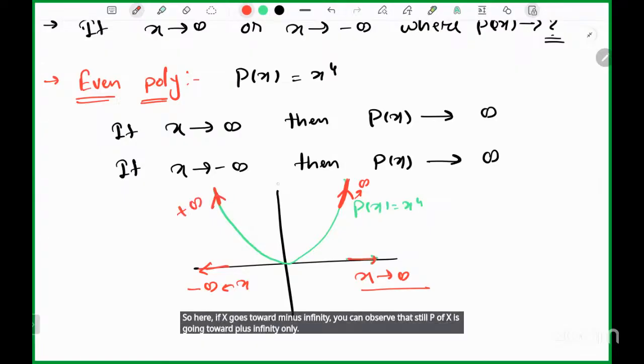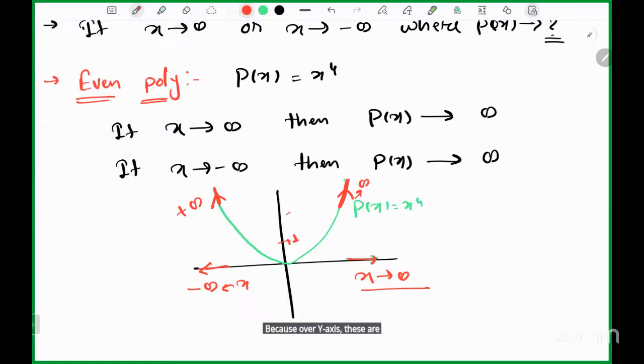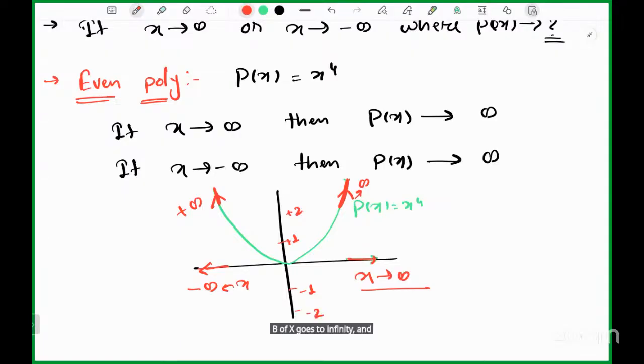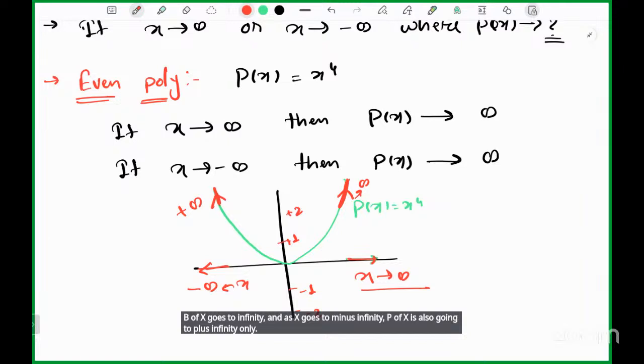Because over the y-axis, these are the plus 1, plus 2 values, and these are the negative y values. So by the graph also, as x goes to infinity, p of x goes to infinity, and as x goes to minus infinity, p of x is also going to plus infinity. Okay, so is that clear?